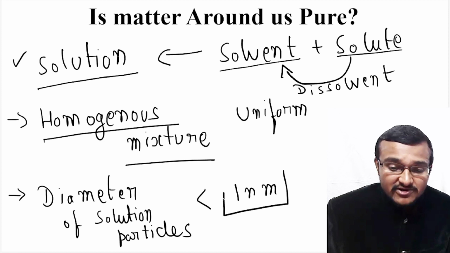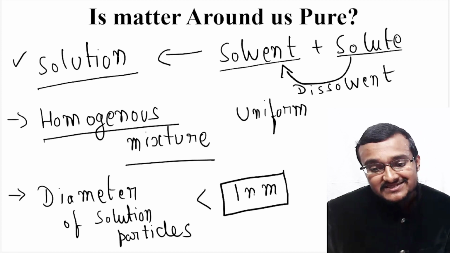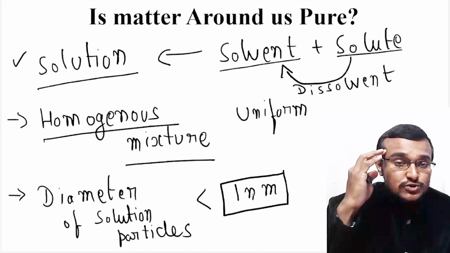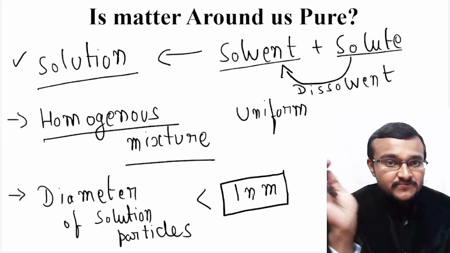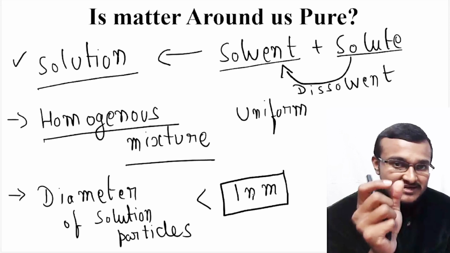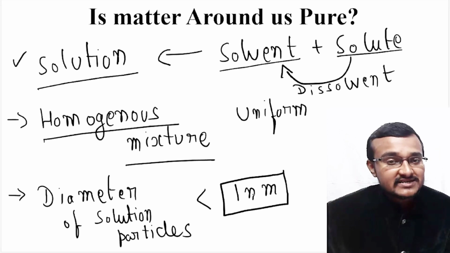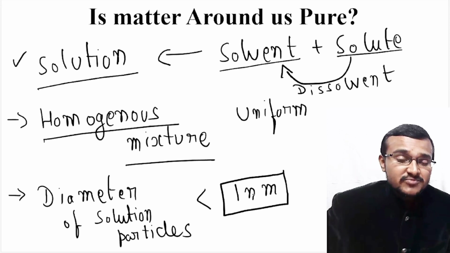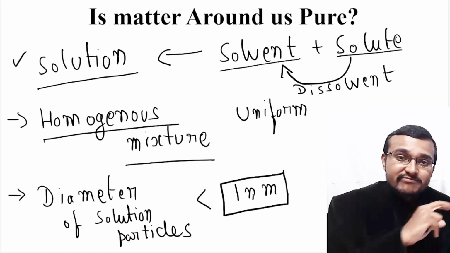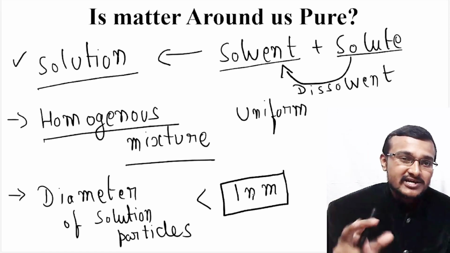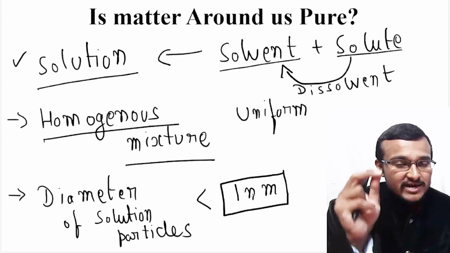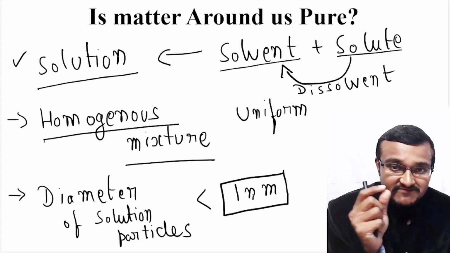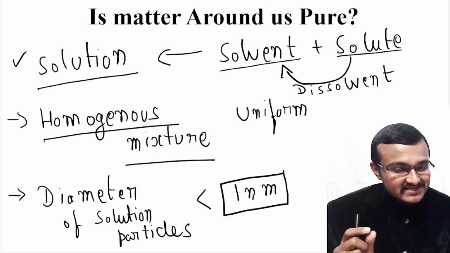Whenever the diameter of these solution particles is less than 1 nanometer, you cannot see them with your naked eyes. That's why when you dissolve salt into water, you cannot see the salt particles after they are dissolved. That means the salt particles have got mixed uniformly throughout the water and the diameter of that composition will be less than 1 nanometer. Hence you cannot see visible particles of salt inside water.